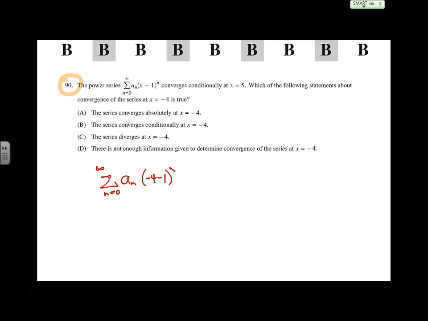Okay. Is it that way? My thought was, well, since we don't know a sub n, we can't really tell if it's converging conditionally, because a sub n might have a negative 1 to the n component to it.